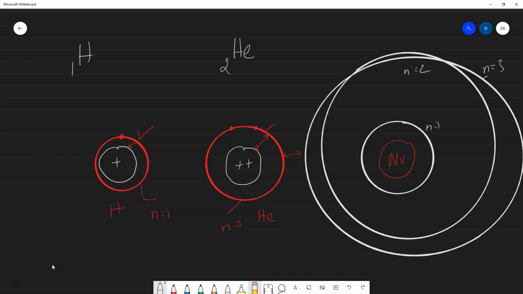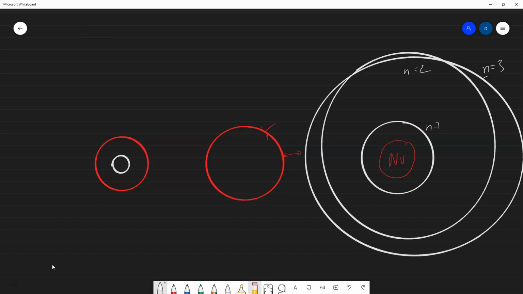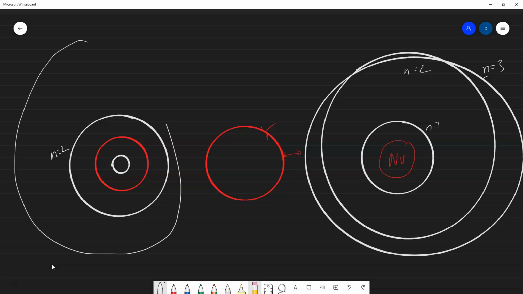Whereas for some other atom, if this is a nucleus, the first could be here, the second could be here, this is the energy band 2 for some atom, the third could be here.